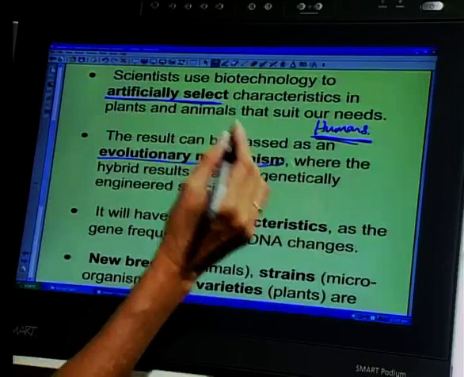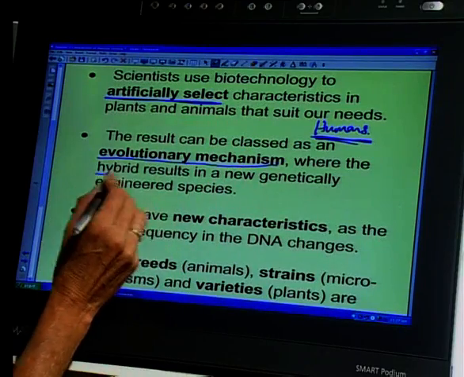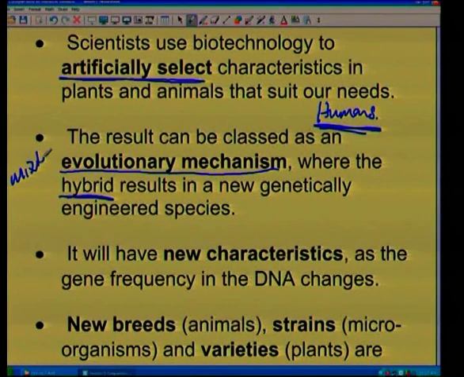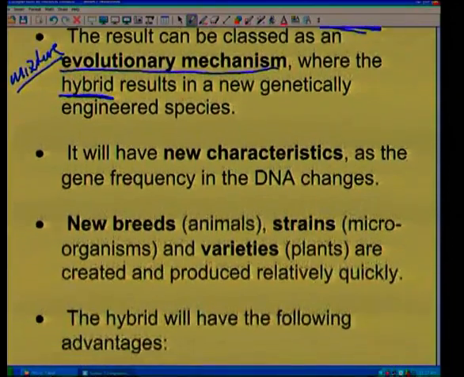So the scientists specifically select characteristics from different organisms, and then they try to interbreed them. And it results in an evolutionary mechanism. Why? Because we end up with a hybrid. A hybrid is a mixture. That's all it is, a mixture. And you end up with a new species. So we say it is genetically engineered.